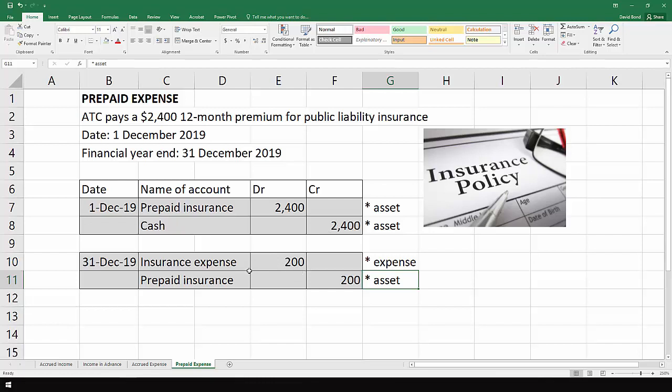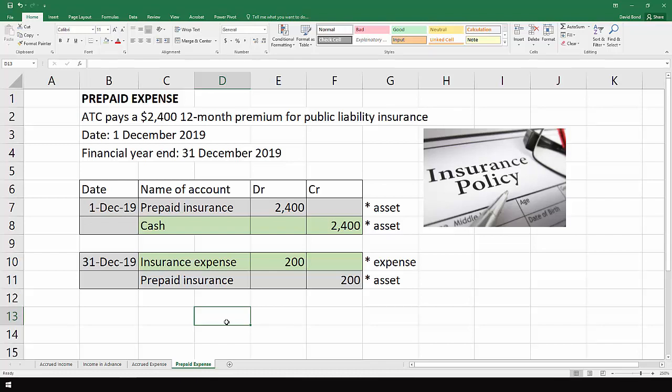But if you imagine this was up until the end of, after a year, what we'd end up with is debit insurance expense, credit cash. Same sort of idea. We're just separating it out, the expense and the cash, over a different set of transactions.